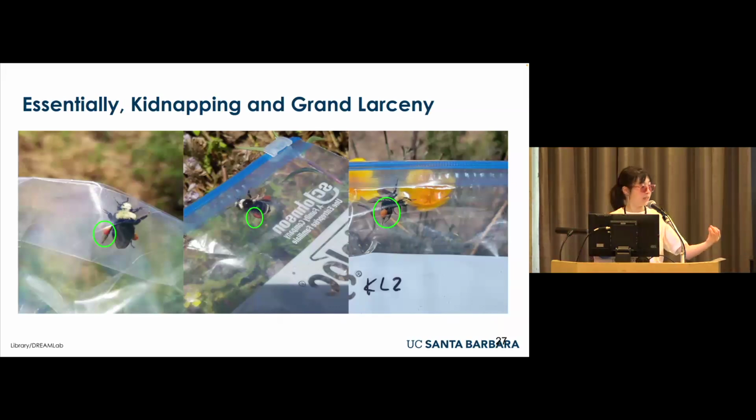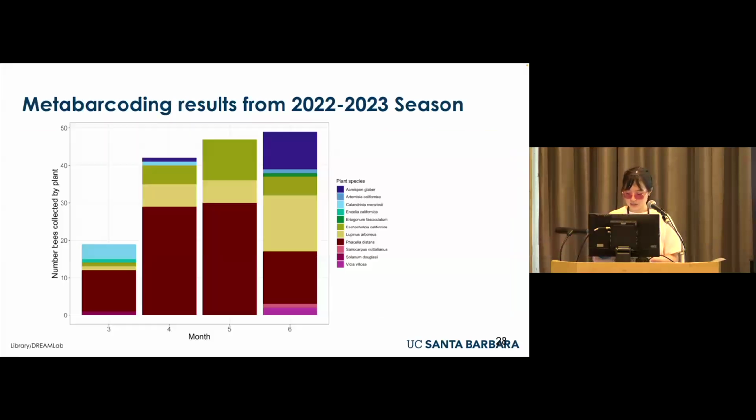We're using the bees to get their pollen, to figure out what plants they're visiting instead of just watching where they go. So we steal from them, and then there's another master's student who's doing the DNA metabarcoding. And then this is the barcoding results from last year from Bombus vosnesenskii and the different plants they visited during what month at the lagoon.